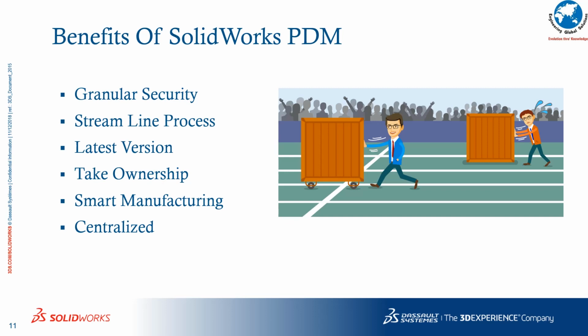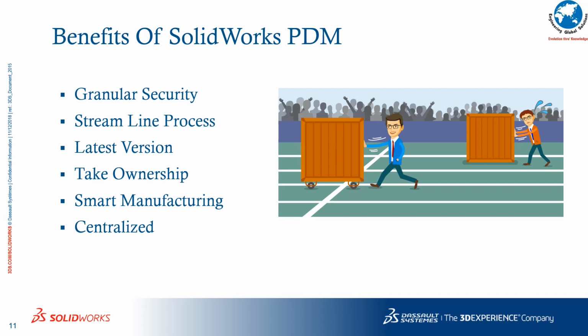And next is take ownership. A user can lock a file, that is taking ownership of the file, so that another user cannot edit the file and can open it as read only. Next, smart manufacturing: it automatically transfers the file between the downstream department or other departments, so there is no separate person to pass the files and get an incorrect document to the department and make a lot of scratches there.